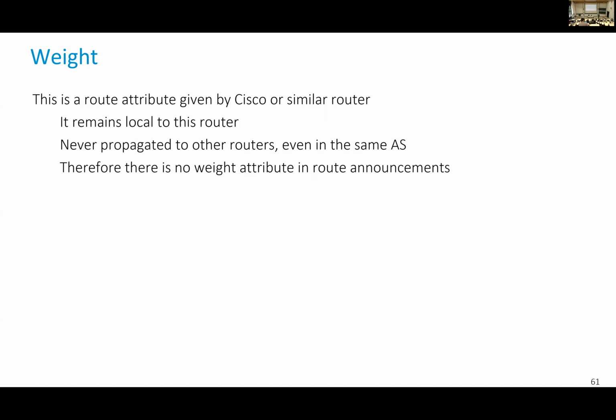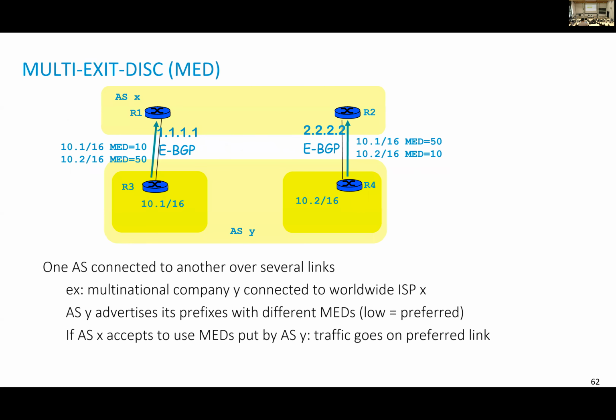That's a hack. That's a way to force the decision process to take a specific route. So if you want to force always a certain route that satisfies a number of criteria, you can put a high weight to this and it will automatically be chosen here. But it doesn't propagate, so there is no weight attribute in BGP announcements.